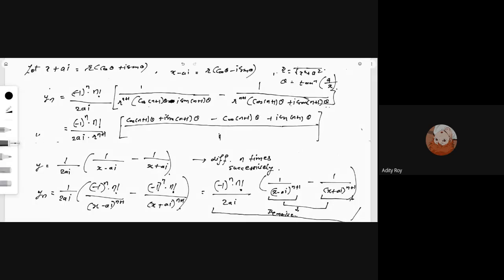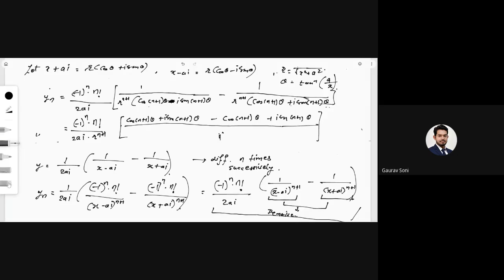Cos square theta plus sine square theta, right? Yes, exactly. So a minus b and a plus b, that will be a square plus b square ultimately. A square minus b square. So i and i will be minus 1, which will make the plus 1. So sine square plus cos square, that is becoming 1.